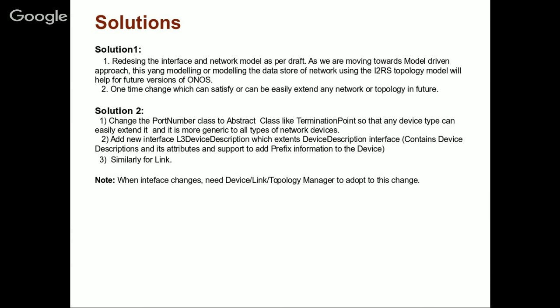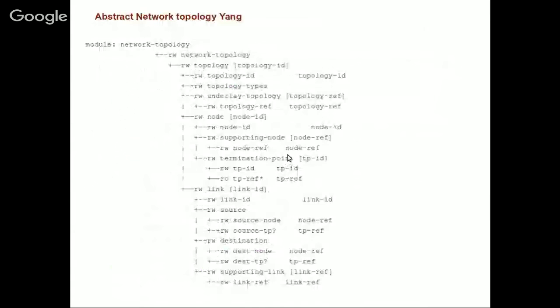The other thing here is it seems like, in the model that was presented, there's this notion of supporting links, and if you want to track the L3 links built on top of L2 links, which are built on top of optical or L1 links, that's something we probably want to capture in a different conversation.